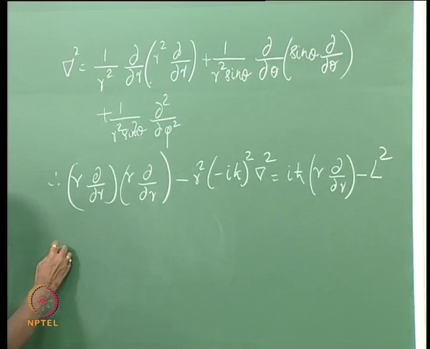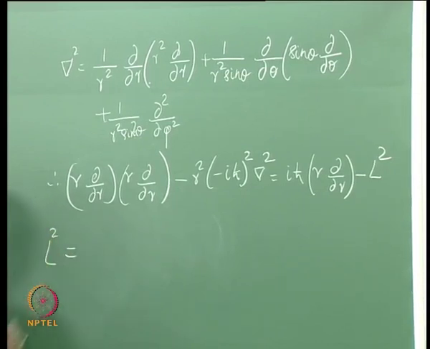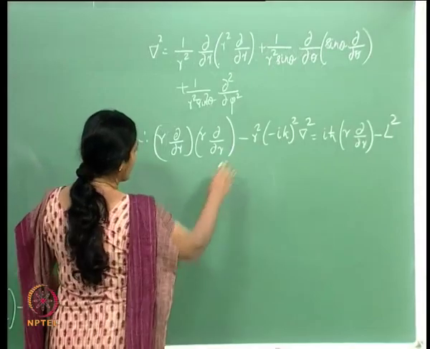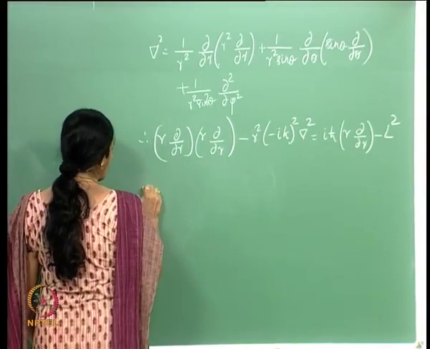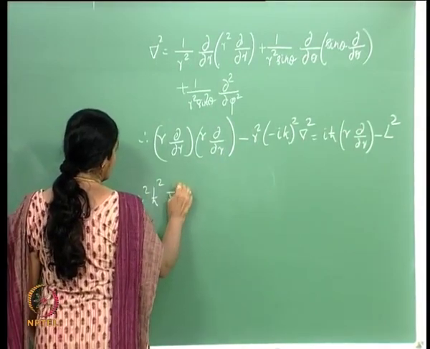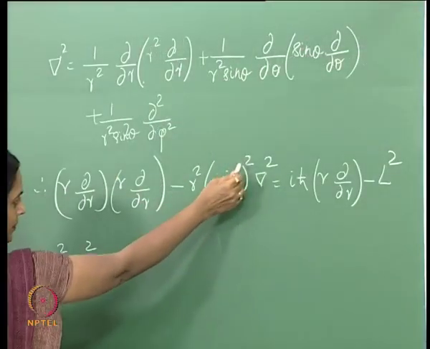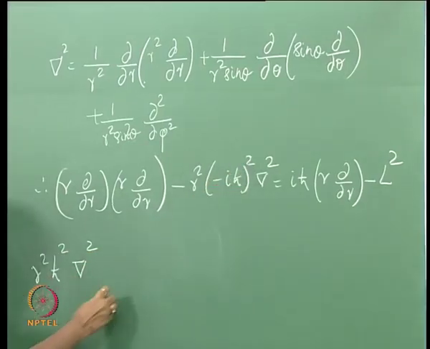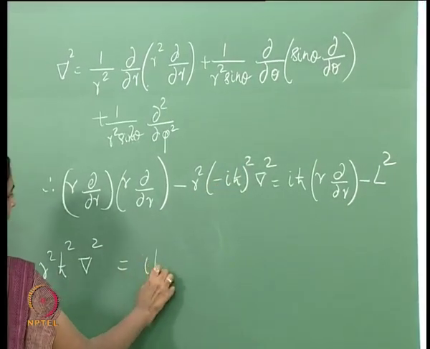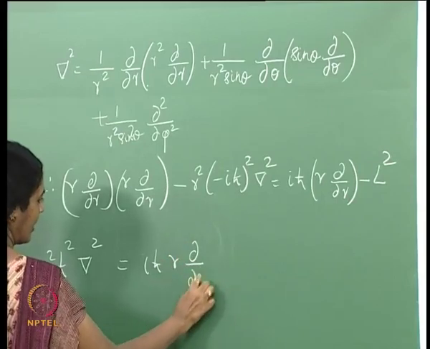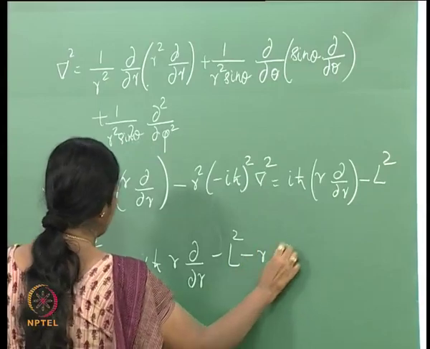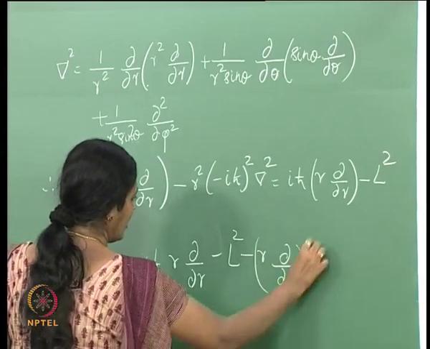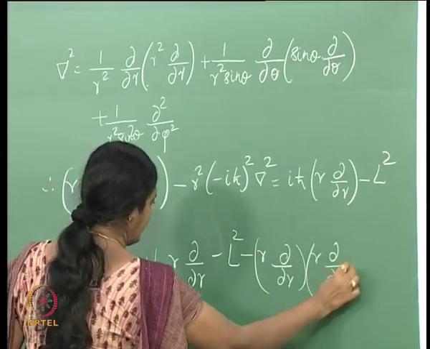This can be easily done now to say that L squared can be written in terms of del squared, or perhaps I should just write del squared in terms of L squared. So, I have r squared h cross squared del squared from here is i h cross r delta by delta r minus L squared minus r delta by delta r of r delta by delta r.